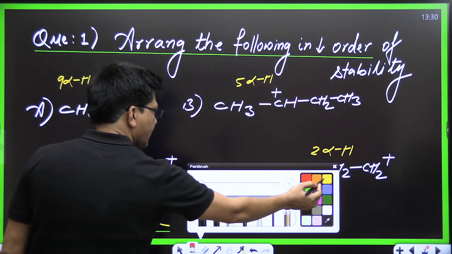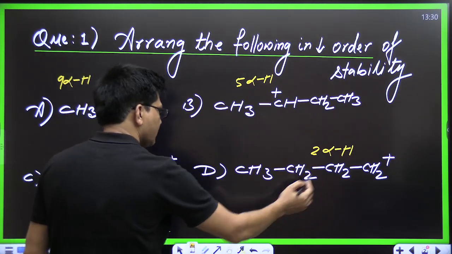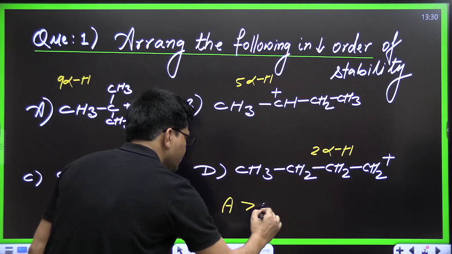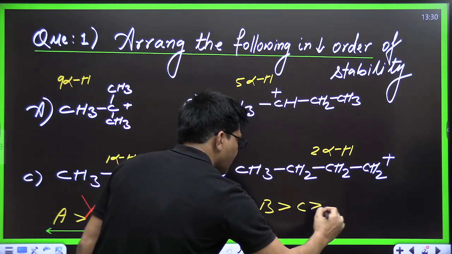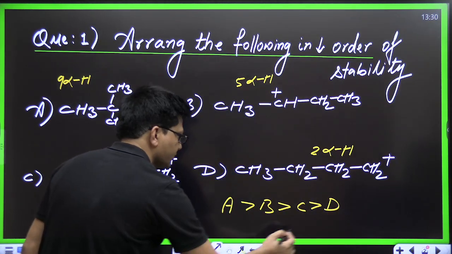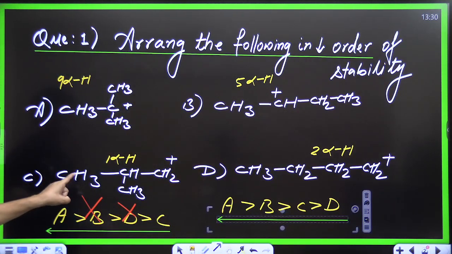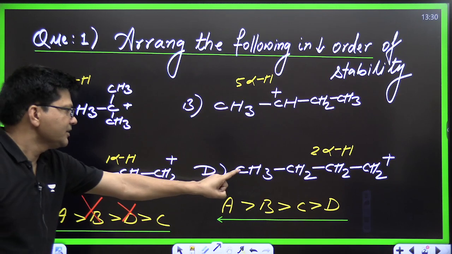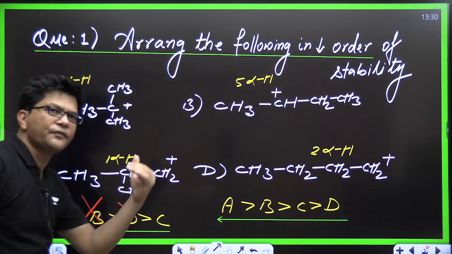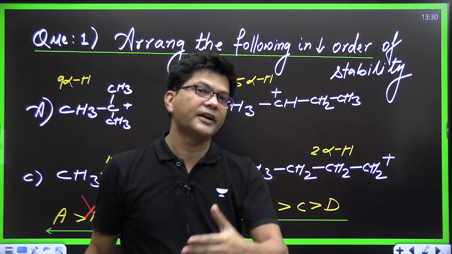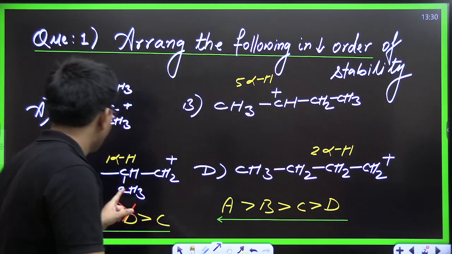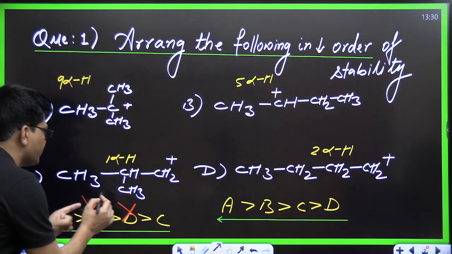See, the correct answer is A, then B, then C, and then D. This is the correct answer, kids. A, B, C, D. In C and D, the hyperconjugation fails and the inductive effect dominates. This compound is known as beta branching. What is beta branching?